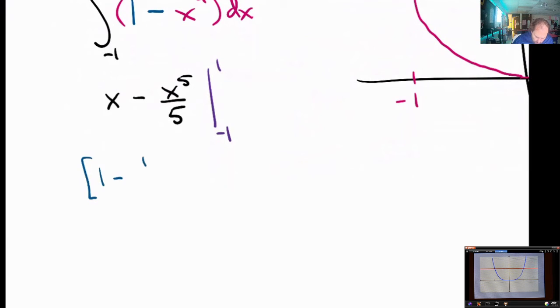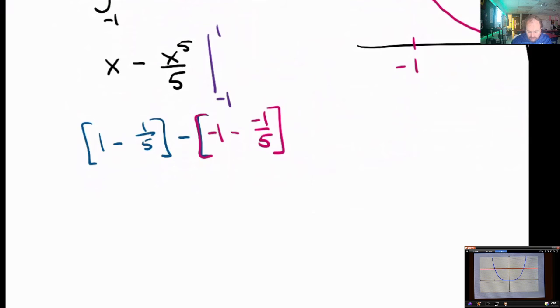1 minus 1/5 minus -1 minus -1/5. This is a pretty easy operation to do without using a calculator, because if you realize what's happening, we're just adding these things to themselves, so we're just doubling it. It's going to be 2. Oh, maybe not.